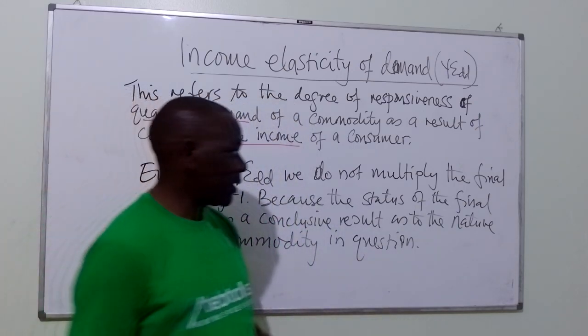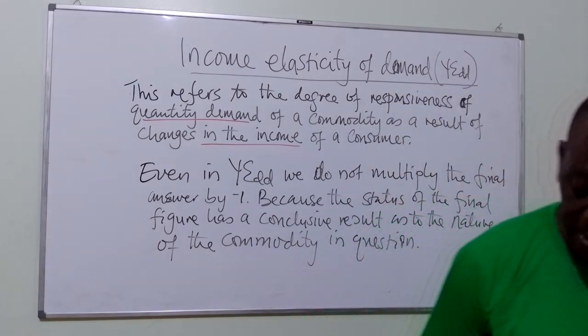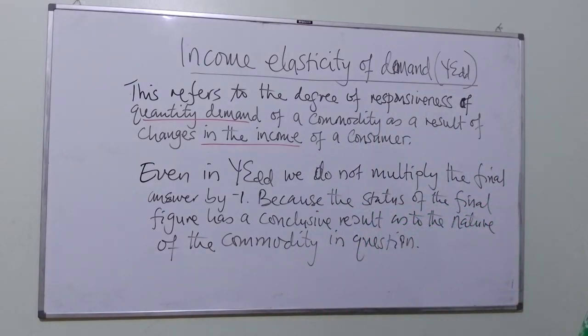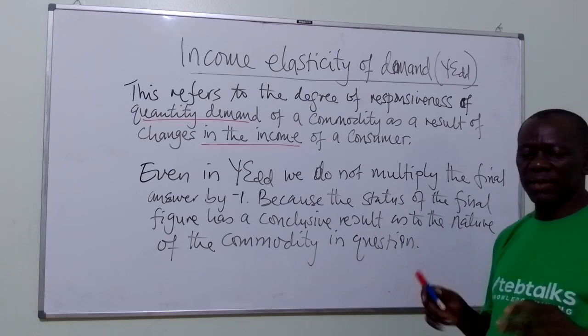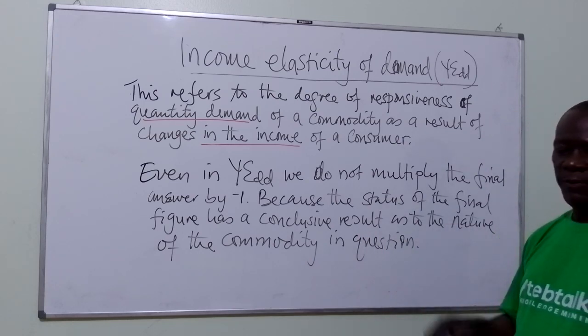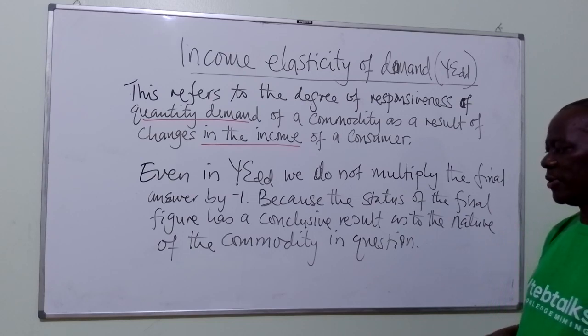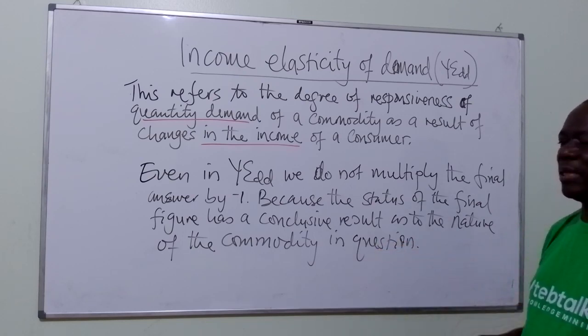So we don't multiply by -1 because each concluding figure, if it is negative, has an implication. If it is positive, it has an implication. So when we calculate, we leave it at that.